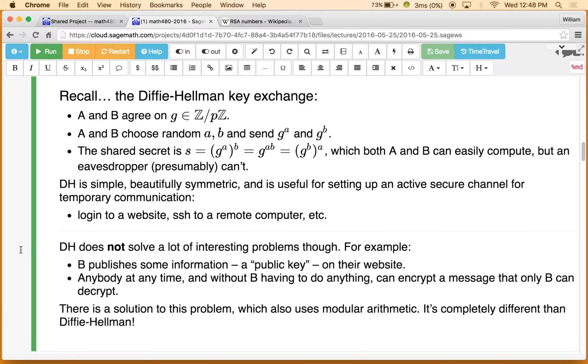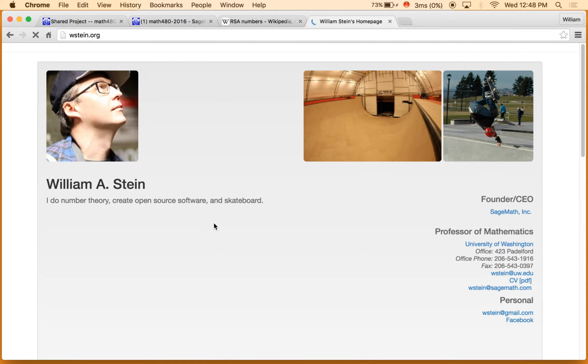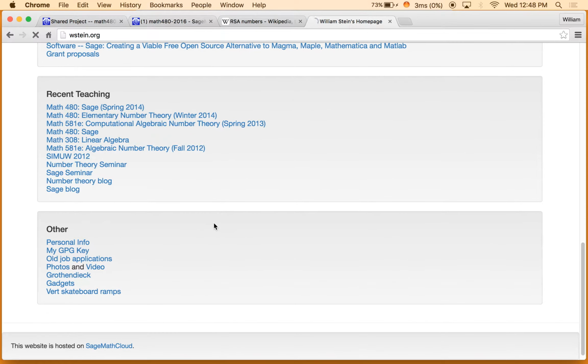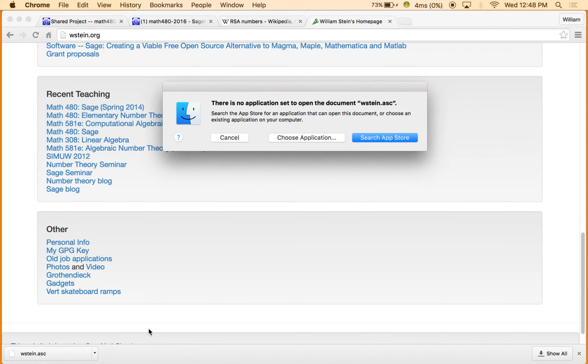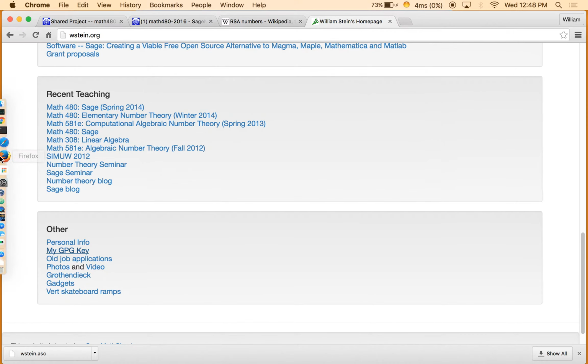Because with Diffie-Hellman, let's say you wanted to solve that. So I post on my website, to make it concrete, I will literally show you a public key, which is somewhere on my website. I haven't used it in forever and forgot about it, but it's there. My GPG key. I generated, great, I downloaded it.